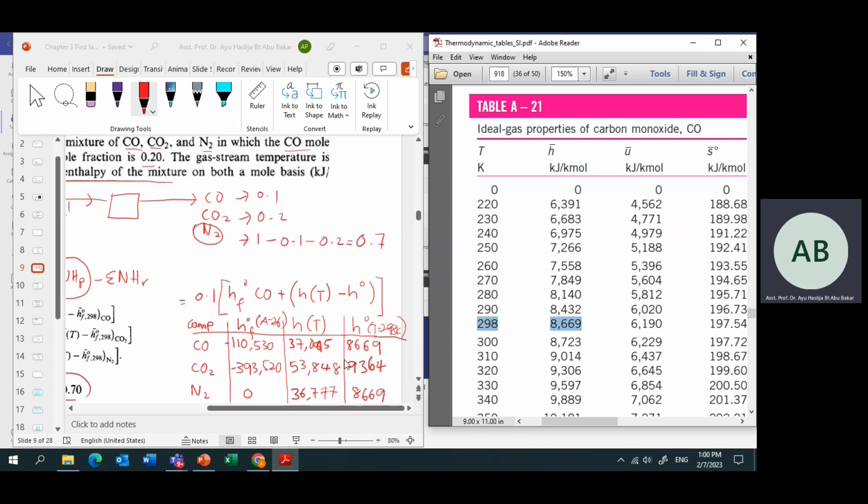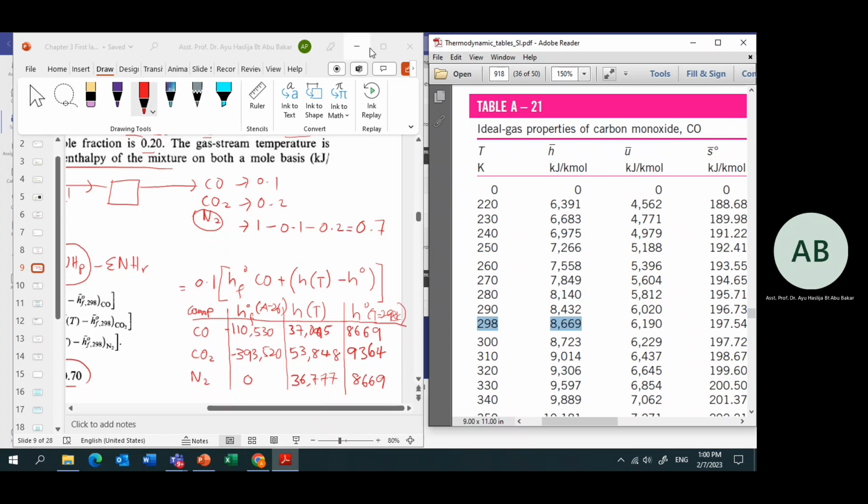Now we have got the info for each of the gases. Any question on extracting the info from the table? It involves tables A18 until A27.